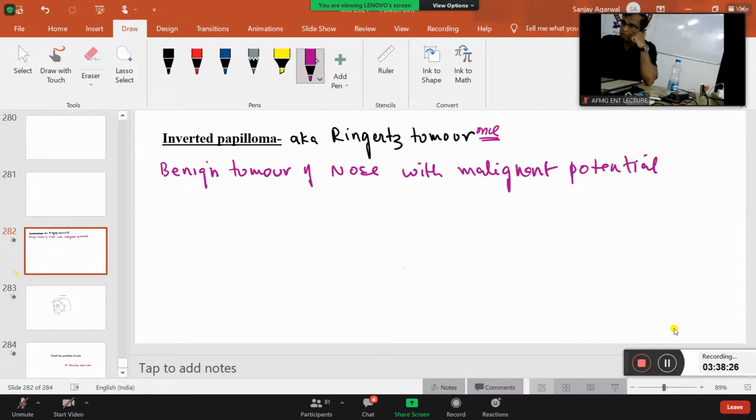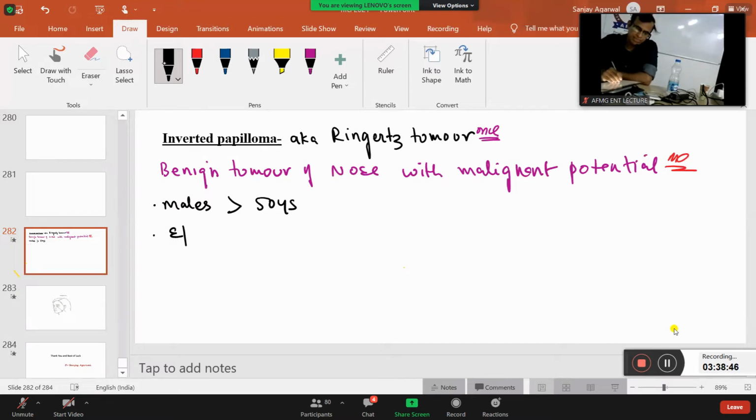This is an important point here. That's why this tumor is so important to us. If you're not careful, it will become malignant. It is seen in males more than 50 years of age, and epistaxis is the most common complaint.